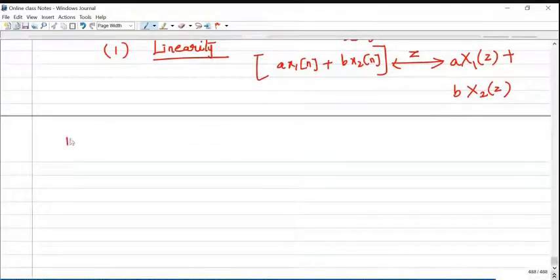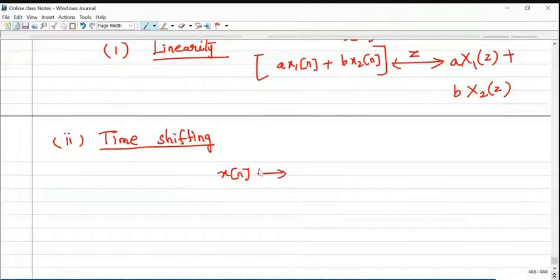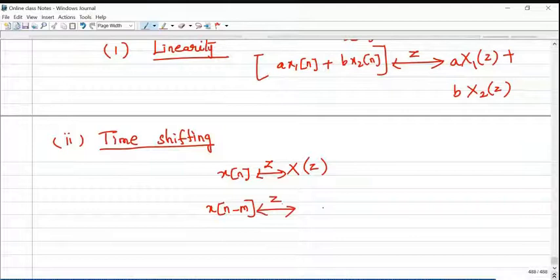Second one, time shifting property. So problems based on properties also may come. Time shifting property: suppose x of n, Z transform representation is x of Z. Then x of n minus m, the result will be equal to z power minus m into x of z.